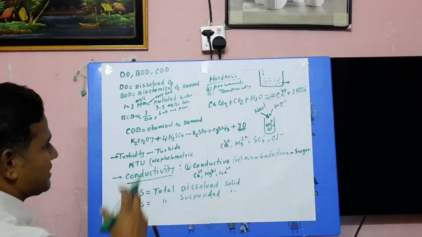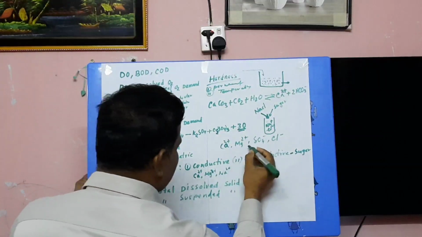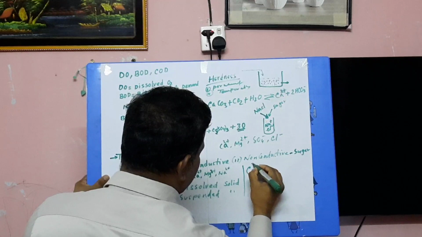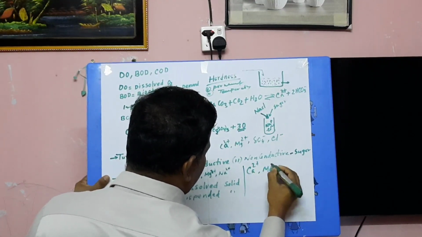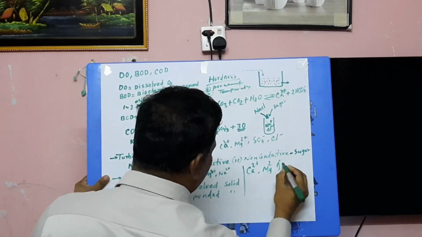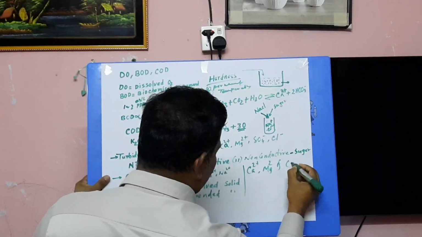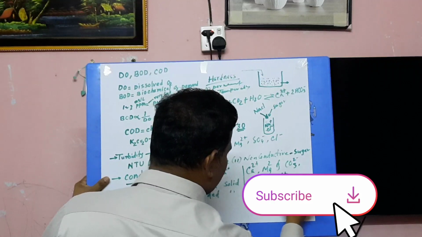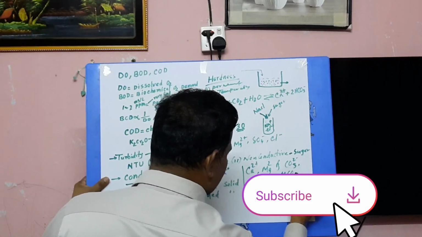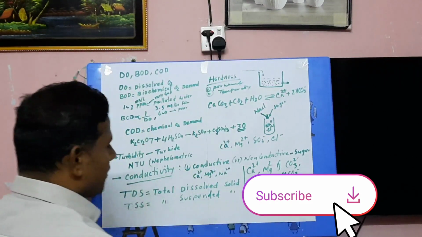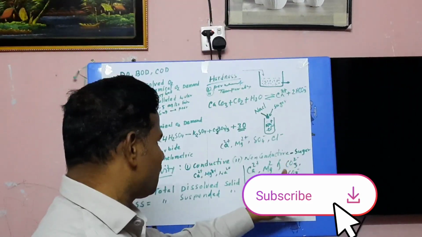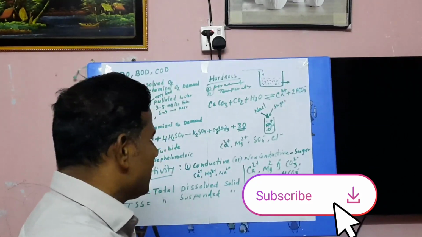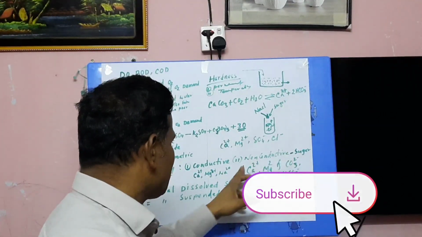But the other, temporary hardness, means calcium ion and magnesium ion with carbonate and bicarbonate. If you provide heat, it will be removed. So this is called temporary hardness.